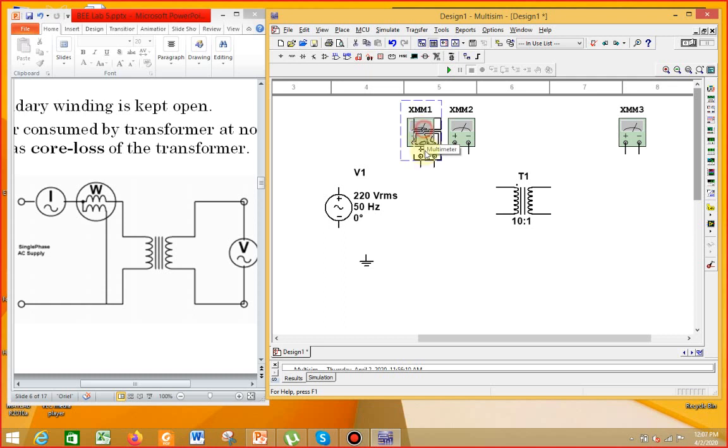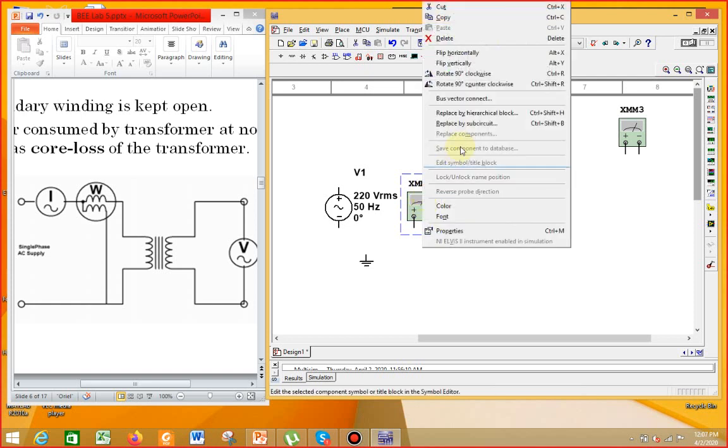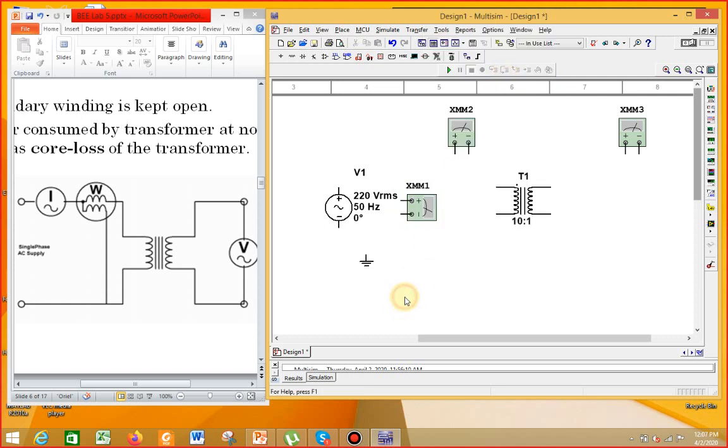So first of all, we will connect a voltmeter to the supply. Just right click on this multimeter and click on rotate 90° clockwise. So multimeter 1, we will be using multimeter 1 as a voltmeter.